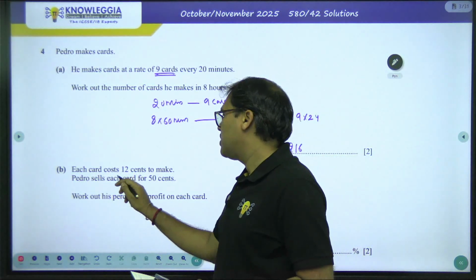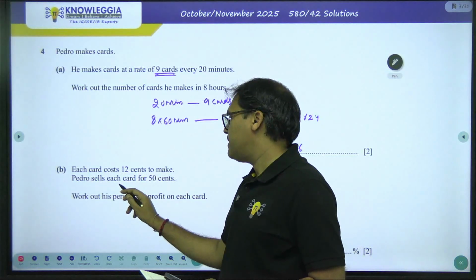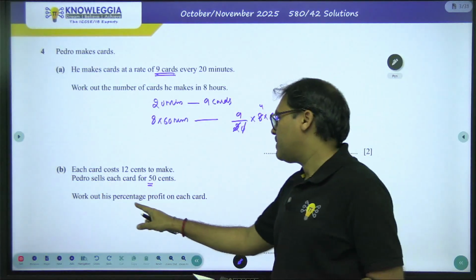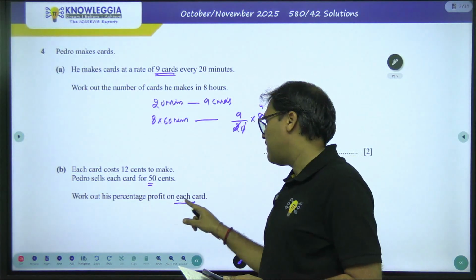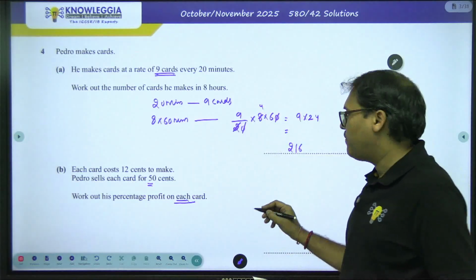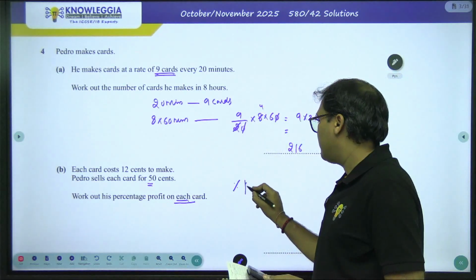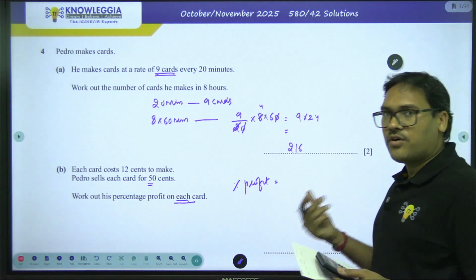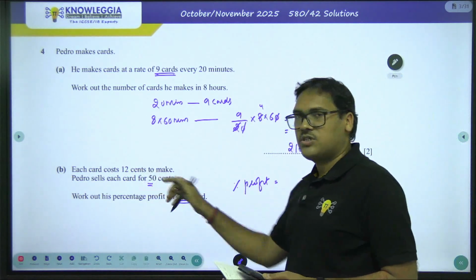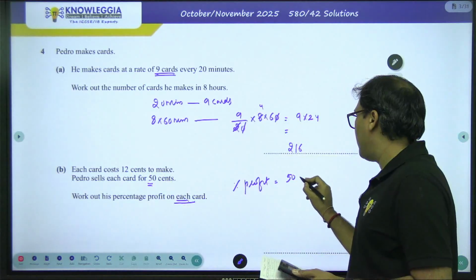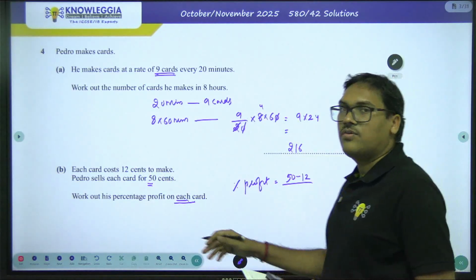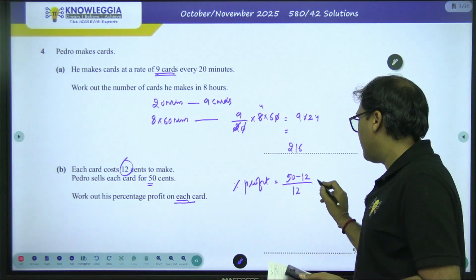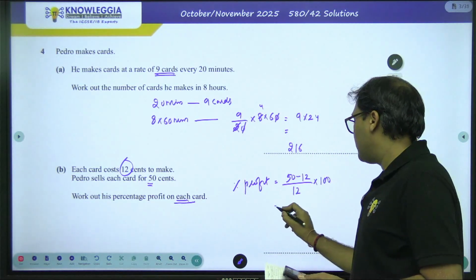Each card costs 12 cents to make. Pedro sells each card for 50 cents. Work out the percentage profit on each card. You have to find the percentage profit. So percentage profit will be equal to profit over original price, into 100. The profit is 50 cents minus 12 cents, that is 50 minus 12, upon the original price, which is 12 cents, into 100. You can just check this value.